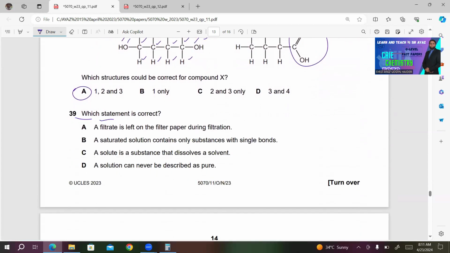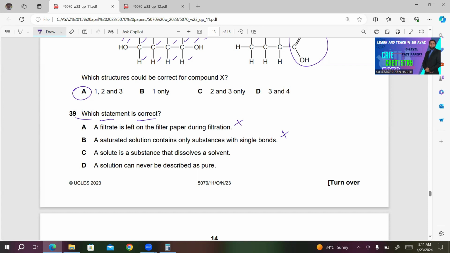39. Which statement is correct? A, a filtrate is left on the filter paper during filtration. This is wrong because filtrate is a liquid that passes through the filter paper during filtration. B, a saturated solution contains only substances with single bonds. This is also incorrect. This does not give any information about the presence of single bonds.